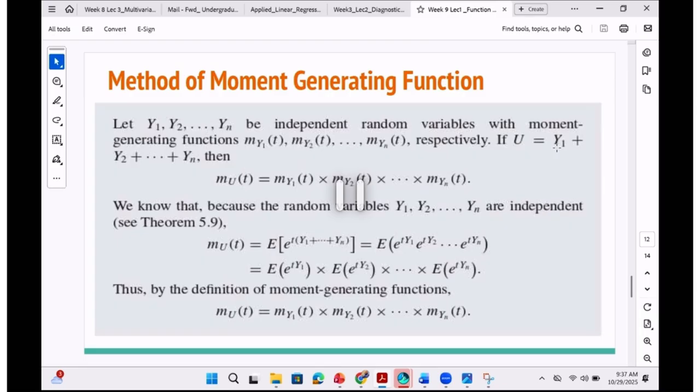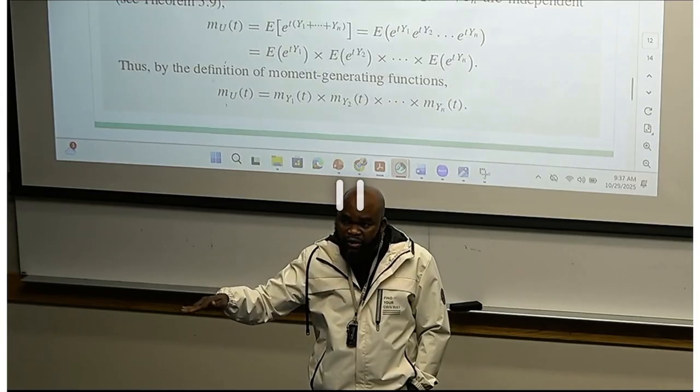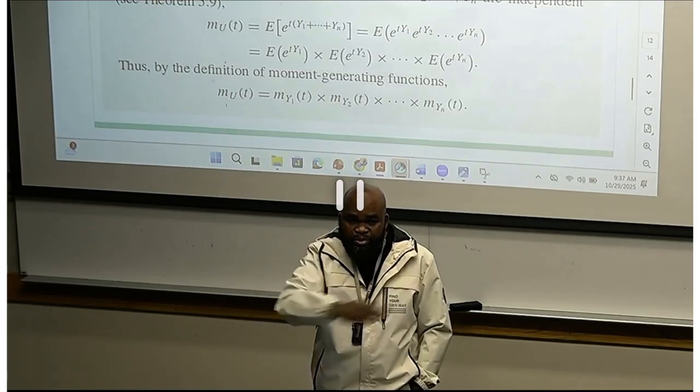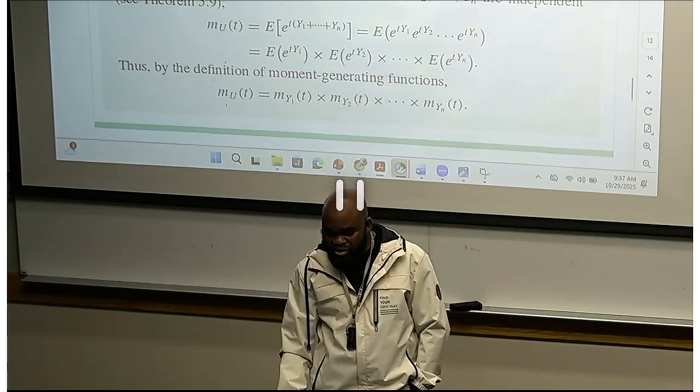In this class, we have learned about a lot of moment generating functions. If I know the moment generating function of y1, y2, up to yn, and I want the moment generating function of u, which is a sum of the random variables, then the law says I should use the product of the moment generating functions of the respective variables.